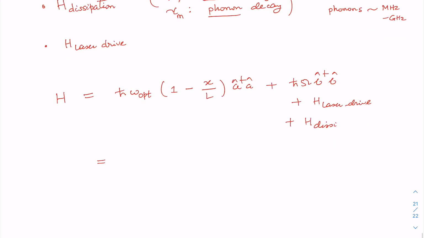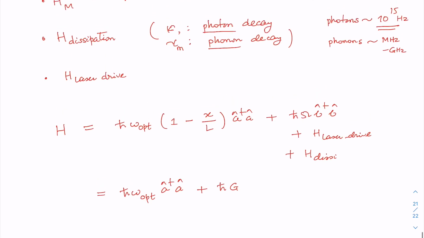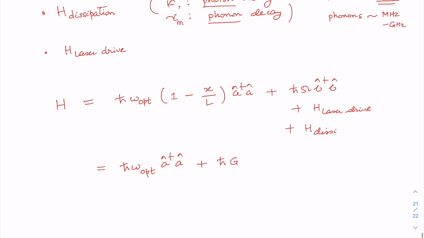Let me write it this way also: h cross omega optical A dagger A, that is due to the photons inside the cavity. Then I have the photon interaction term, that is h cross Z (B plus B dagger) A dagger A, and this is from the mechanical oscillator.